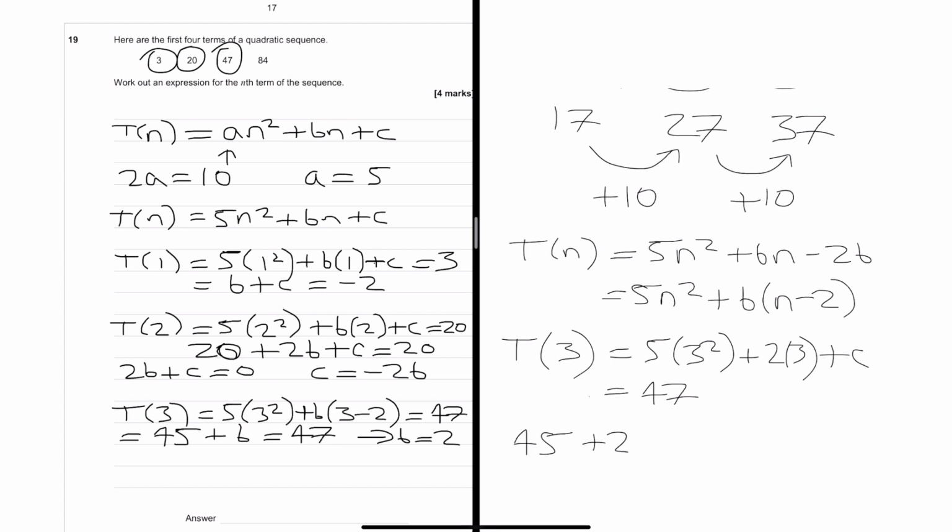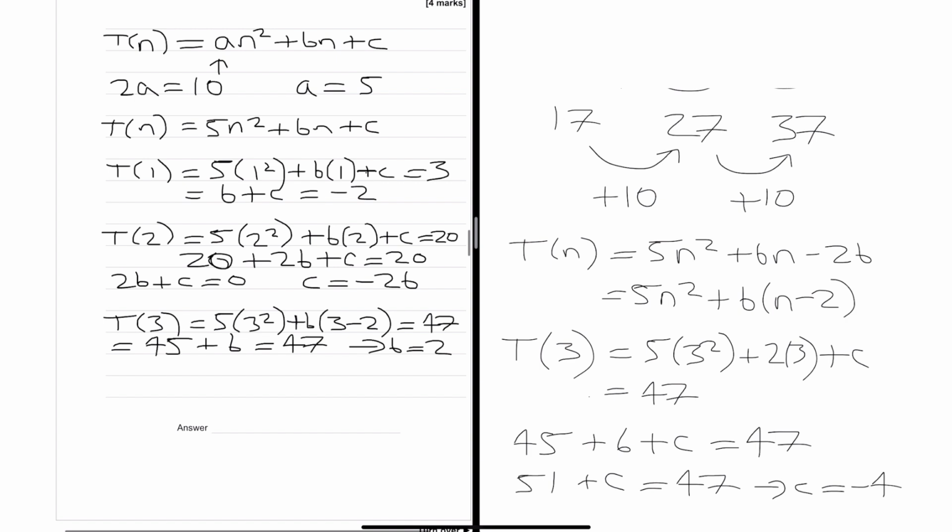So we have 45 plus 6 plus c equals 47. And just simplify that, so we have 51 plus c equals 47. So if we subtract 51 from both sides, that must mean that c is equal to minus 4.